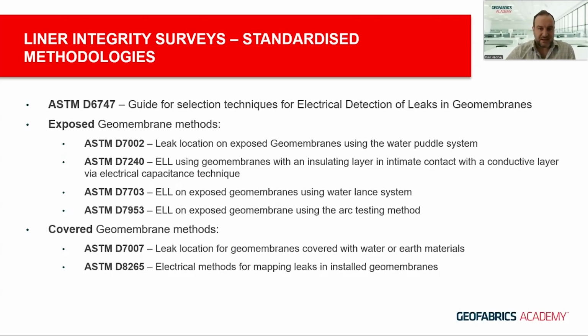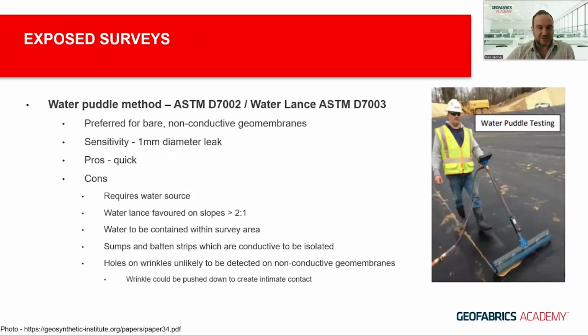We will look at these in a little bit more detail just to look at some of the pros and cons of each. So we'll start off with ASTM D7002 and D7003. These are preferred for bare non-conductive geomembranes. These methods have a sensitivity, so this is the size of the hole that they can detect.